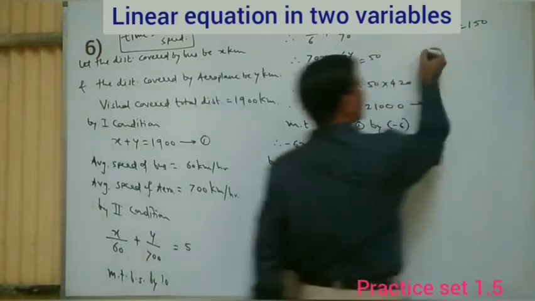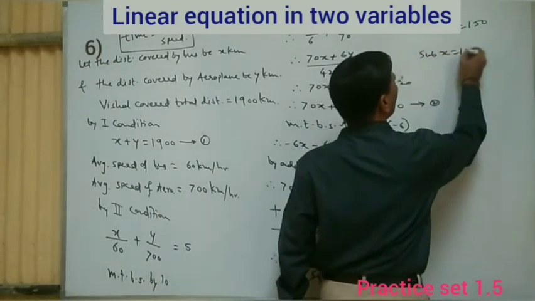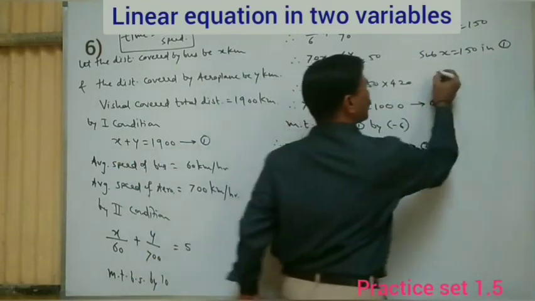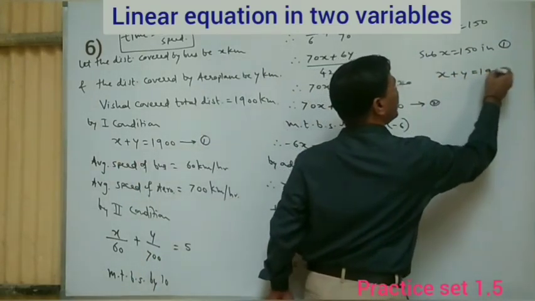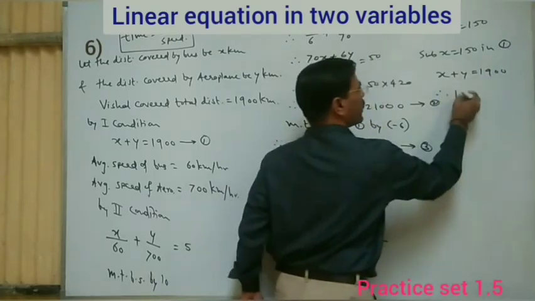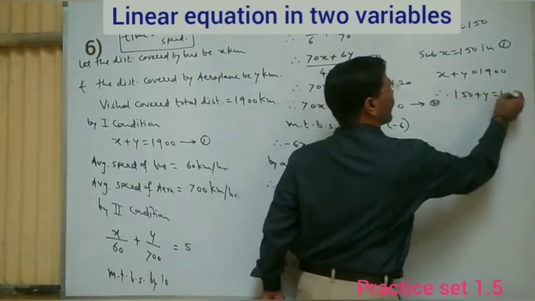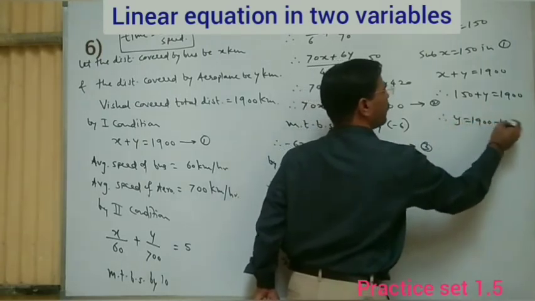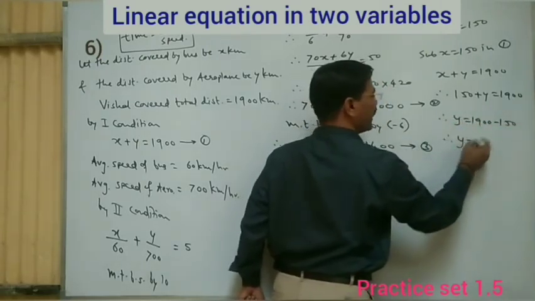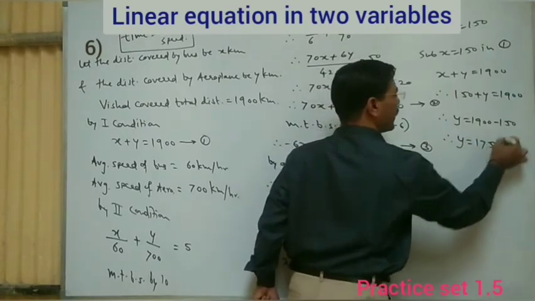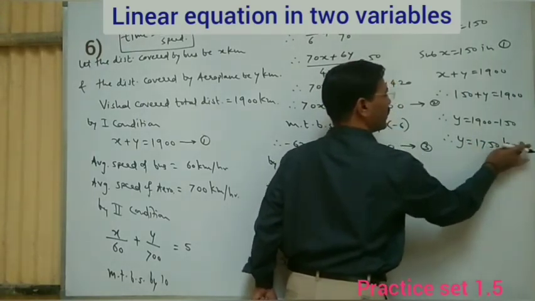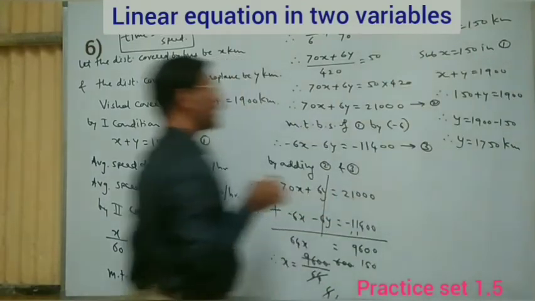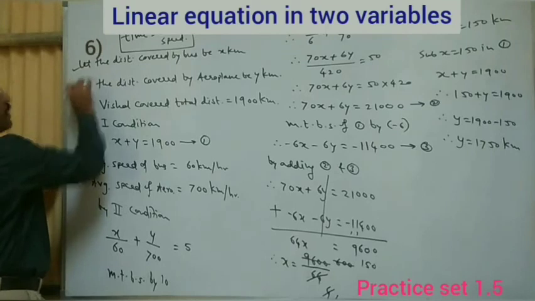Okay, now this one, substitute x equal to 150 in equation 1, which is very simple. So x plus y equal to 1900, just put here 150 plus y equal to 1900. So y equal to 1900 minus 150, here it is 1750 kilometer. Okay? So write the final answer like this one. Both these you have to write here.